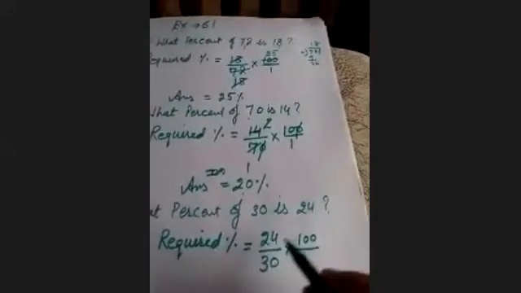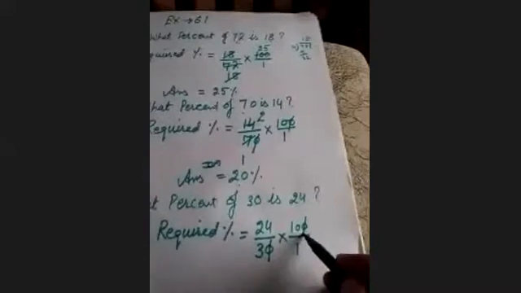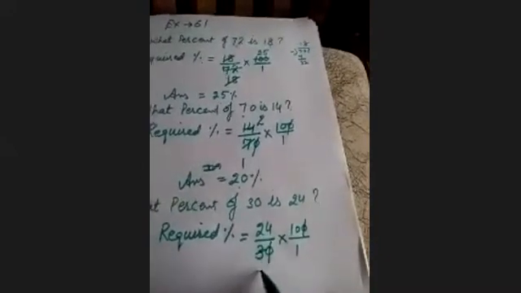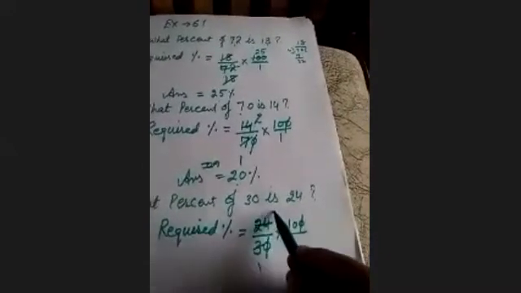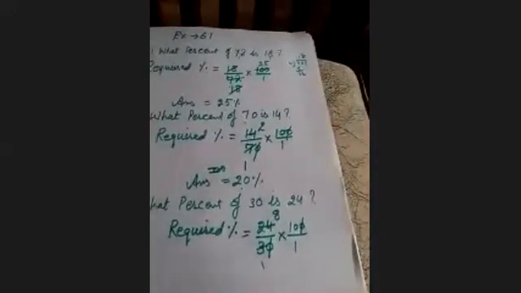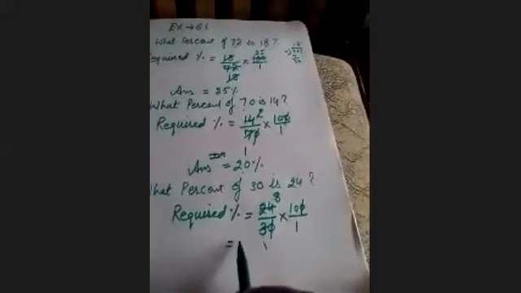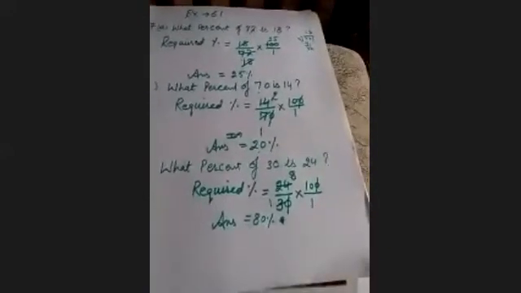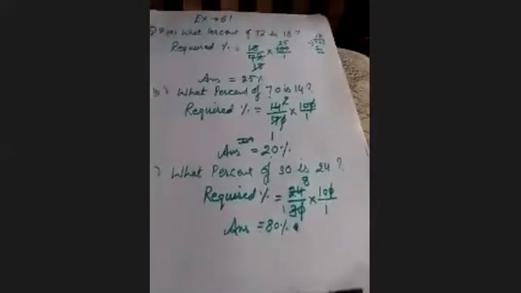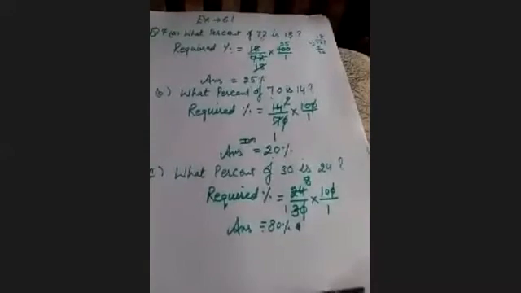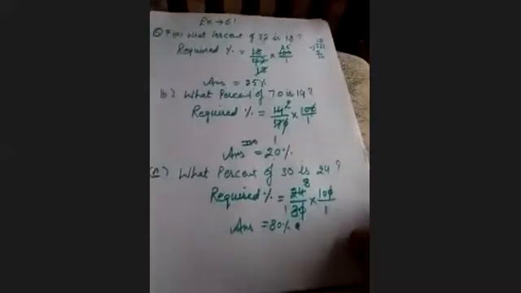Now students, solve this part. 0 is cancelled with 0. Then 3 1s are 3, 3 8s are 24. 8 multiplied by 10, 80%. So our answer is 80%. Clear, students? Next is part D.